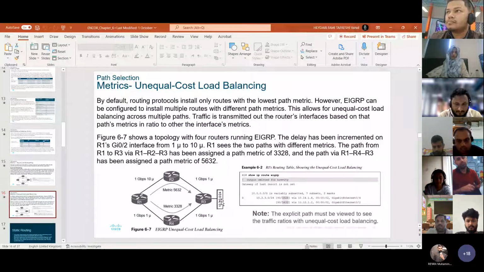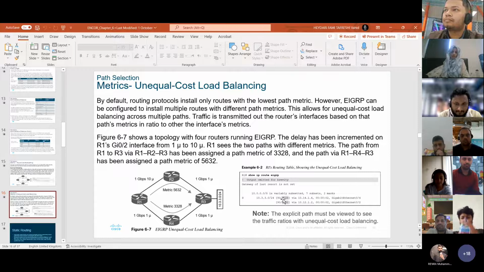Now, in order to get to here, EIGRP has 2 ways or multi-paths. First path is through this way, and second path is through that way. How is the contribution in terms of bandwidth through each of these 2 ways? Well, the contribution is exactly the relation between these 2 numbers.